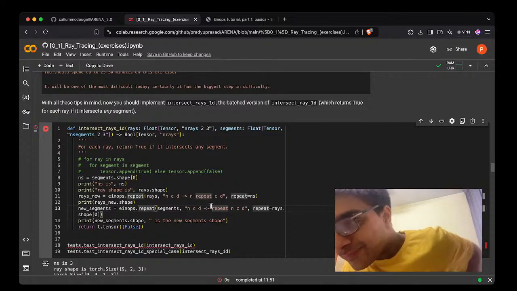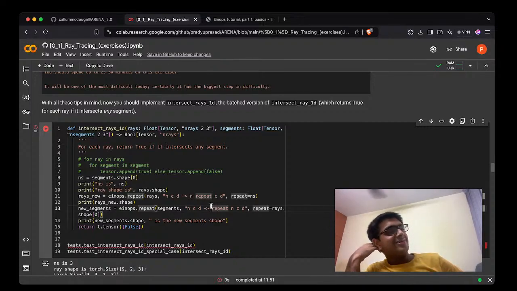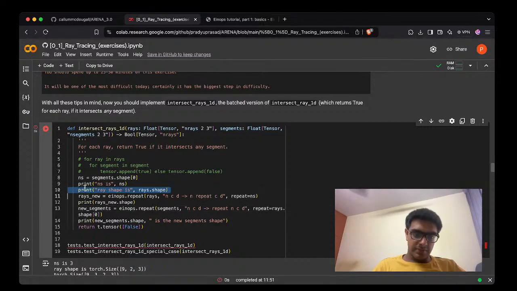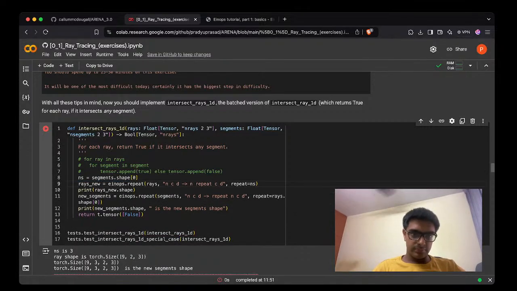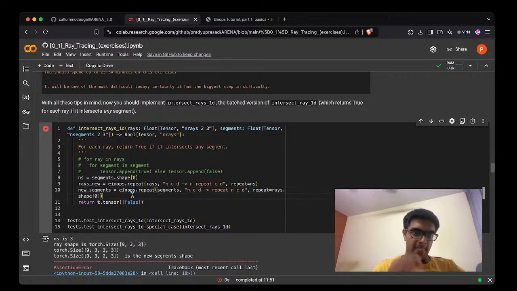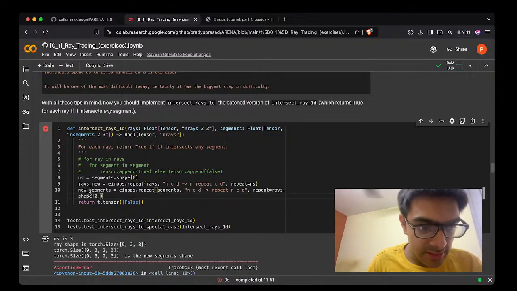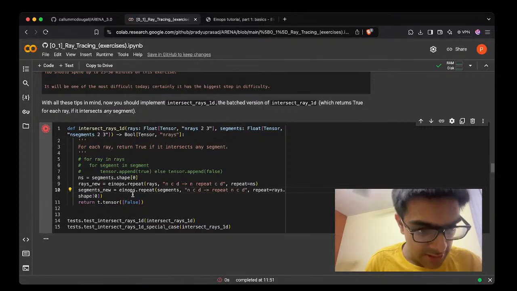How do you implement batched matrix inversion? I'm not even sure how the math of this works, to be honest. This just annoys the hell out of me. I will do it segments underscore new.